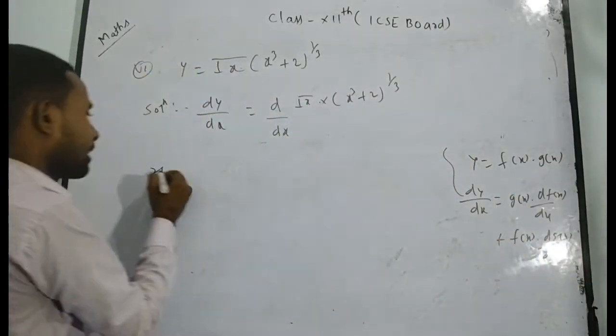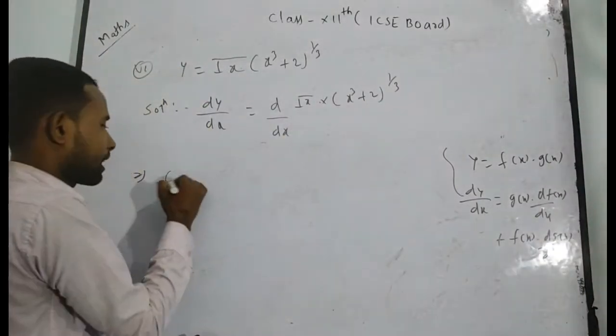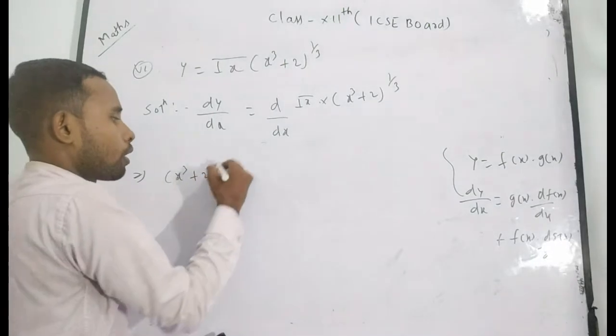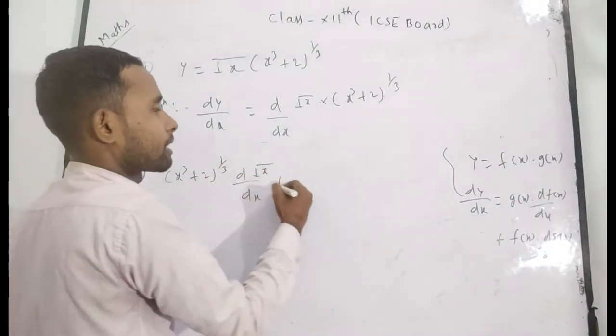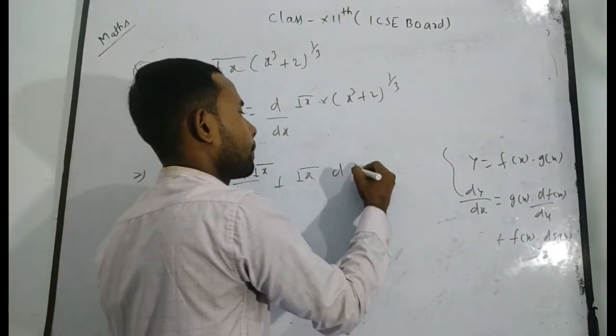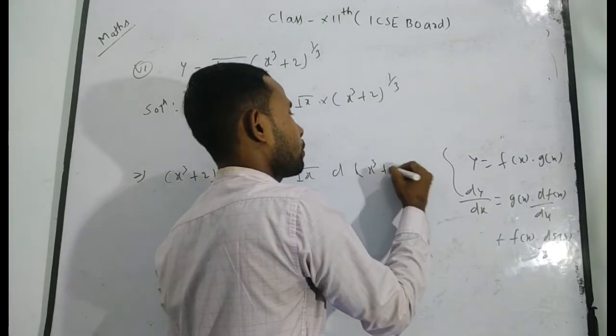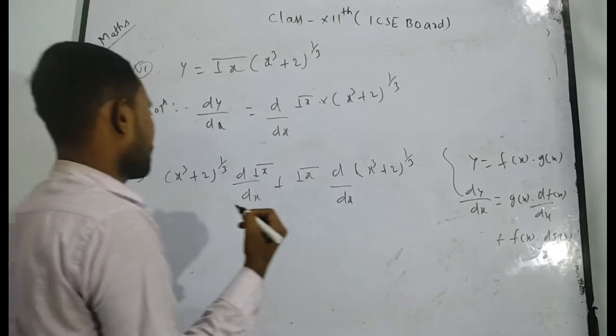Similarly, first of all take this term outer side, that means x cube plus 2 whole to the power 1 by 3, and differentiate root under x with respect to x, plus now I want to take root under x outer side and differentiate next term with respect to x. Can you differentiate with respect to x? I think you understand very well.